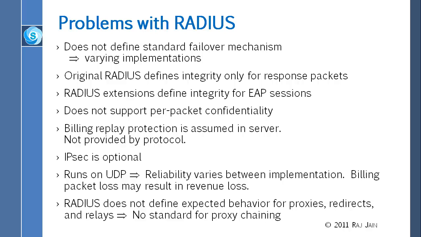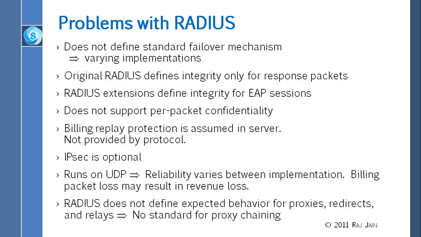Second, the original RADIUS defines only integrity for the response packets. So only response packets were protected by integrity, but not the other packets. It does not support per-packet confidentiality. So whatever key you negotiate in the beginning, you use that key forever, which is not very good. Billing protection is assumed in the server, not provided by the protocol.